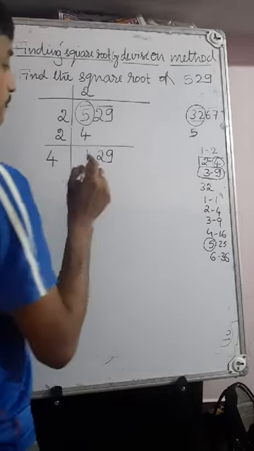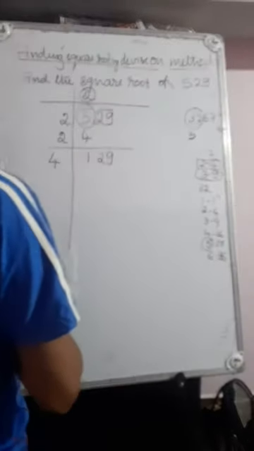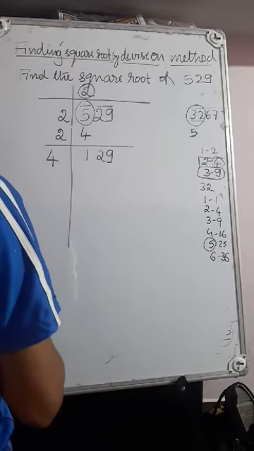Now the next step is very, very important. The next step, that is very, very important. What are we going to do here? Now guess the largest possible digit. Okay, now this is what we are considering as the quotient, correct?